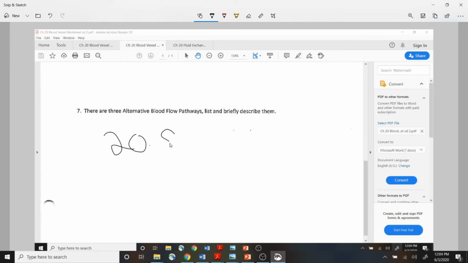There are 3 alternative blood flow pathways: arterial, venule, and arteriovenous anastomosis. You can read about those, and they're very well compared in figure 20.8, so you can check that out.